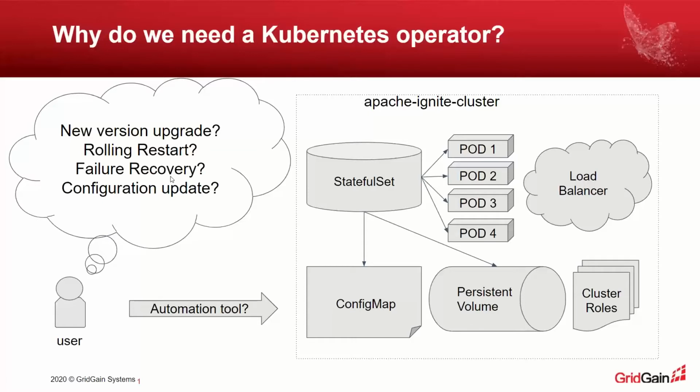We need to understand that modern applications are quite complex, and for example, a database application or Apache Ignite or GridGain cluster does require some special knowledge from a user who's operating that software, especially if we are working on a Kubernetes cluster.